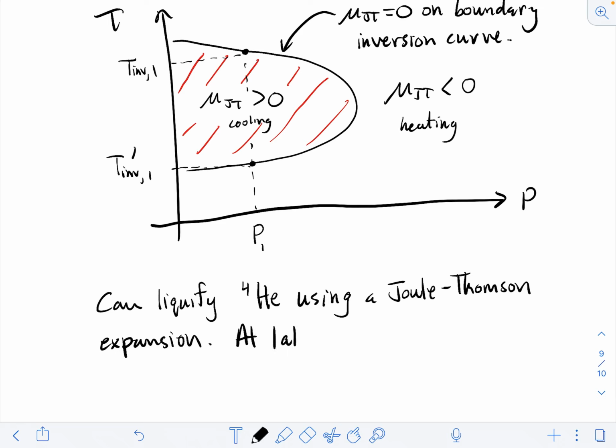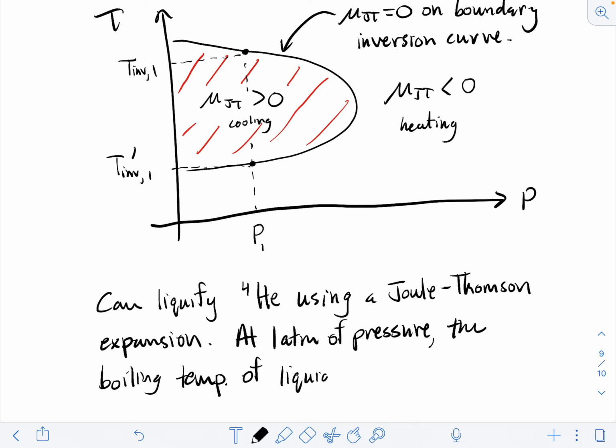At 1 atmosphere of pressure, the boiling temperature of liquid helium-4 is about 4.2 Kelvin.